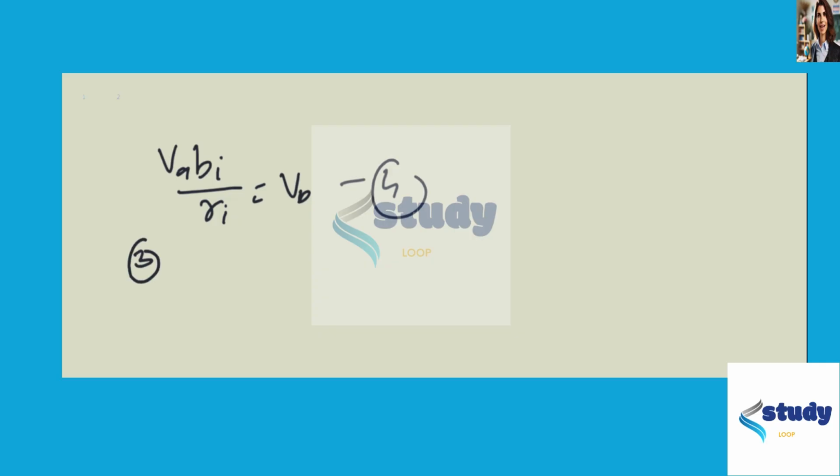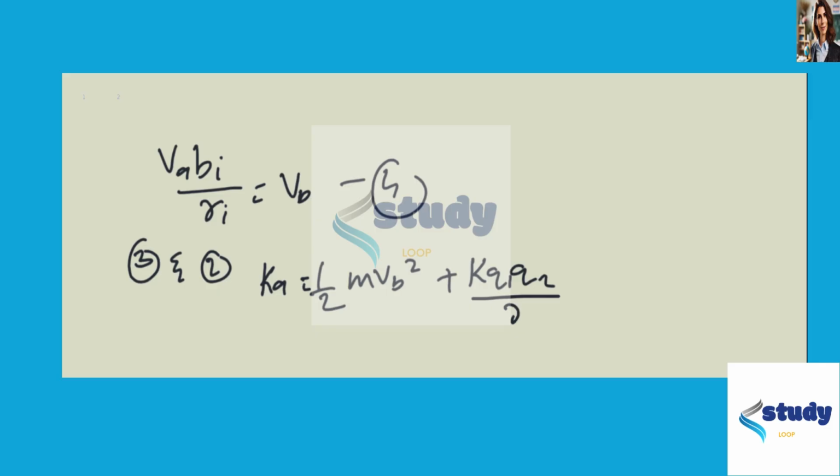From 3 and 2 we get Ka is equal to 1 over 2 m vb squared plus k q1 q2 divided by ri. Then we substitute the value for the vb that we obtained in equation 4.